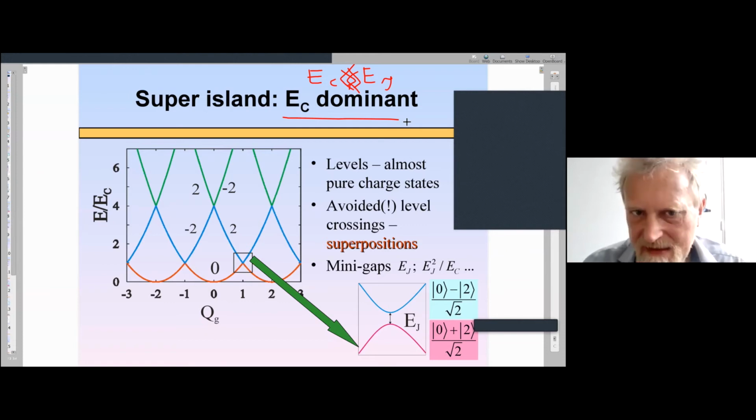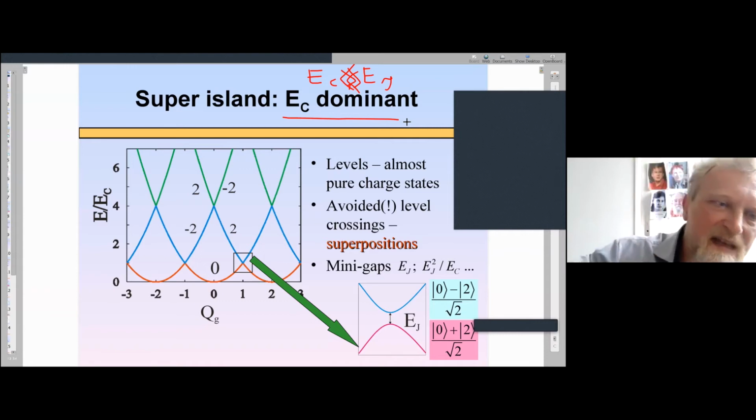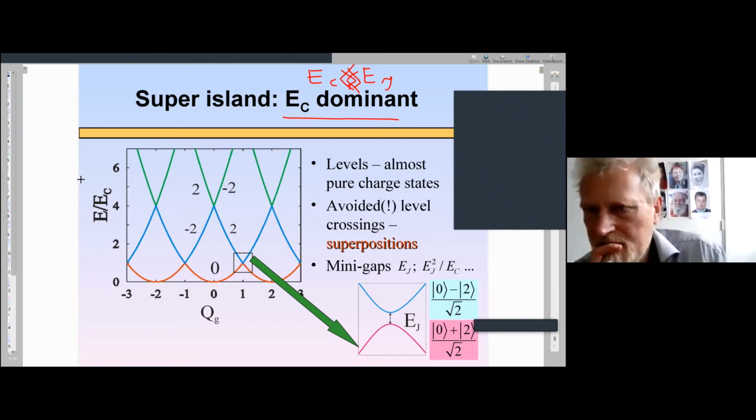So eigenstates of the system are mostly states with a definite charge. That's why I took the same picture of parabolas, which are used for Coulomb blockade, and just plotted only even parabolas.